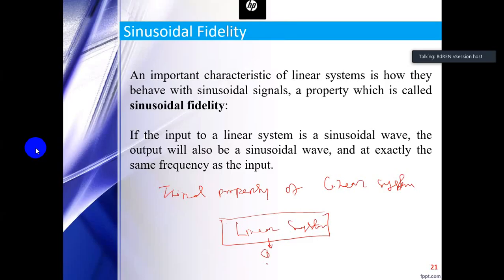It should have the shift invariance property. Now, for example, a sinusoidal signal is fed.